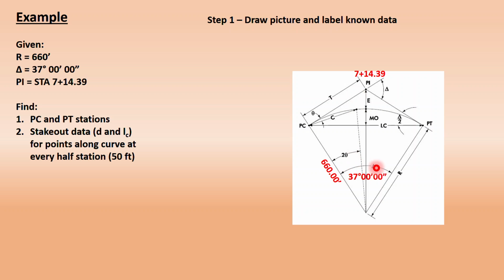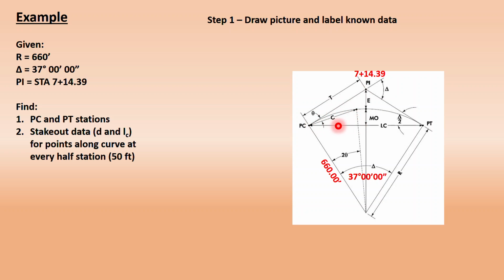Your delta angle is equal to this angle, and the angle from your tangent line down to your long chord is 1/2 that.